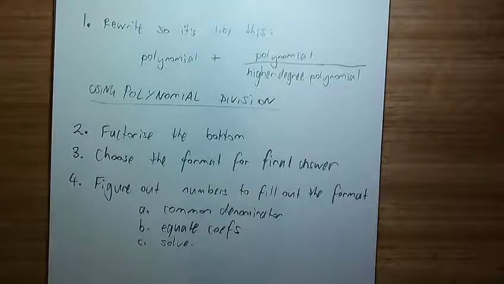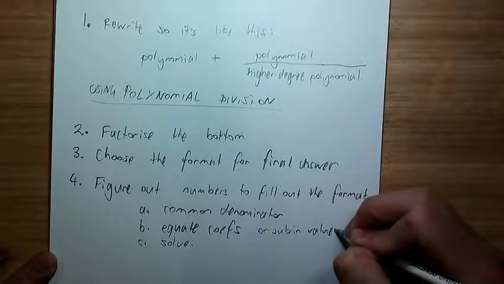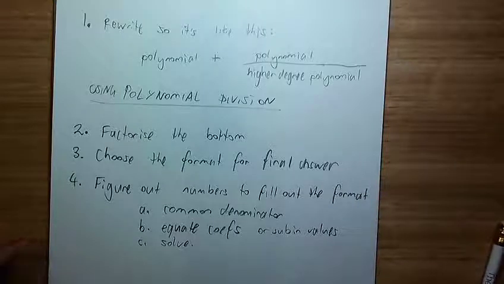And then you're done. I should say that in some courses and in some places where it's more useful, instead of equating coefficients, you sub stuff in and it creates equations to solve instead. And I'll illustrate that at the time. Okay, that's the plan. That's how partial fractions works.